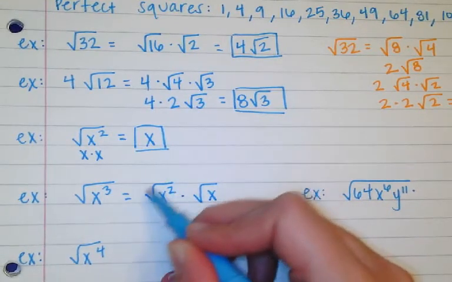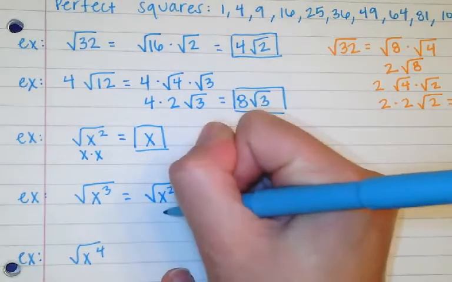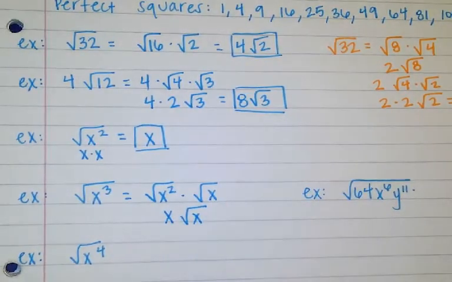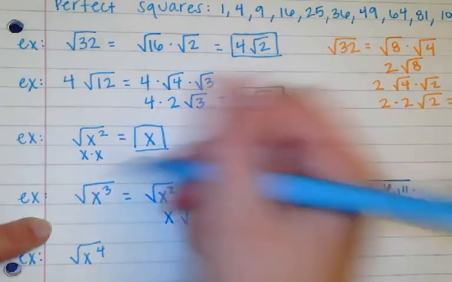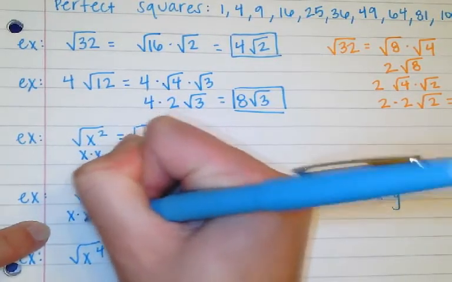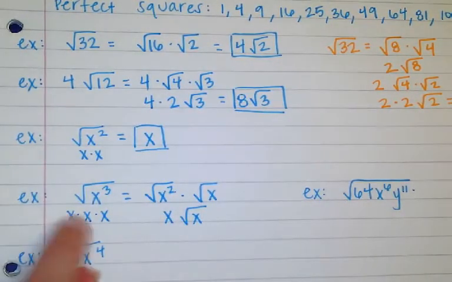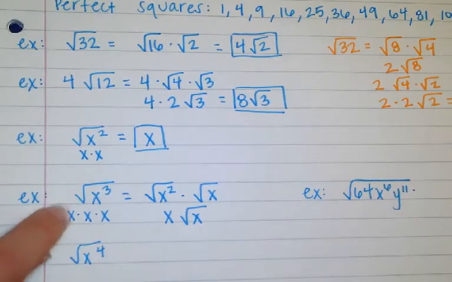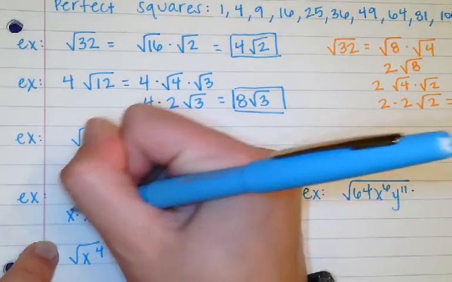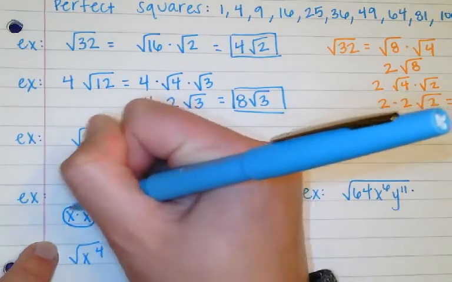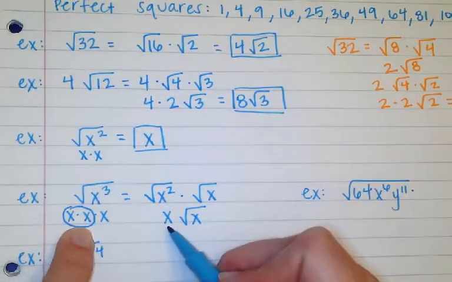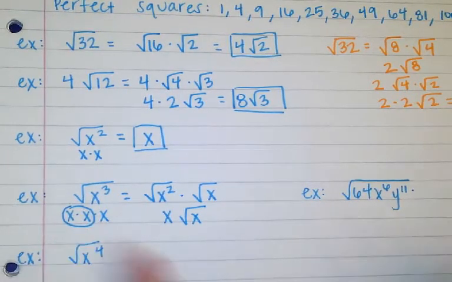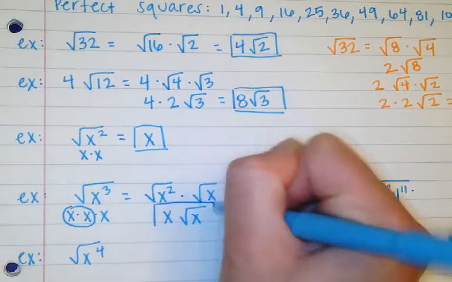And now when I take the square root of x squared, we already know that's x, and there's still 1 x left in the square root. Another way to visualize it is saying that I had 3 x's, and when I take the square root, I'm finding a pair, a perfect square. I found a pair of x's, which I took out, and I left an x behind. So that's just another way to visualize it. This is the final answer.